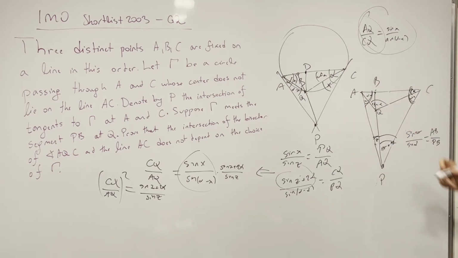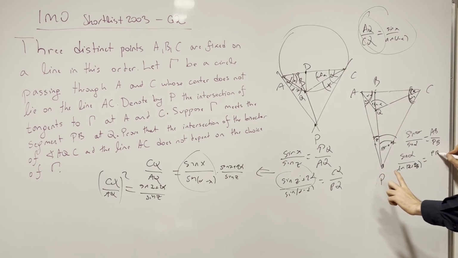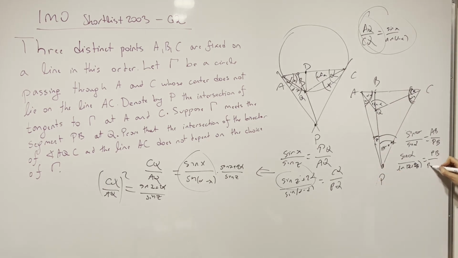And then here, I'll get that sine of alpha over sine of 2 alpha plus z is equal to, sine of alpha, again, PB over BC.